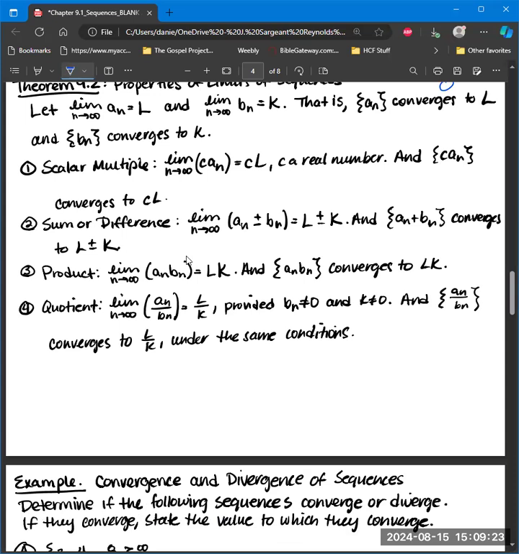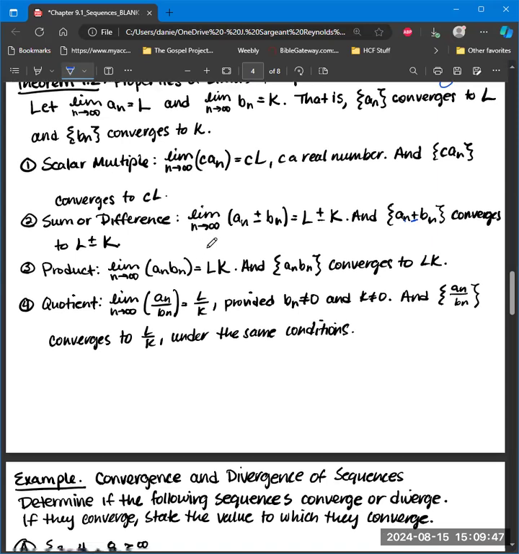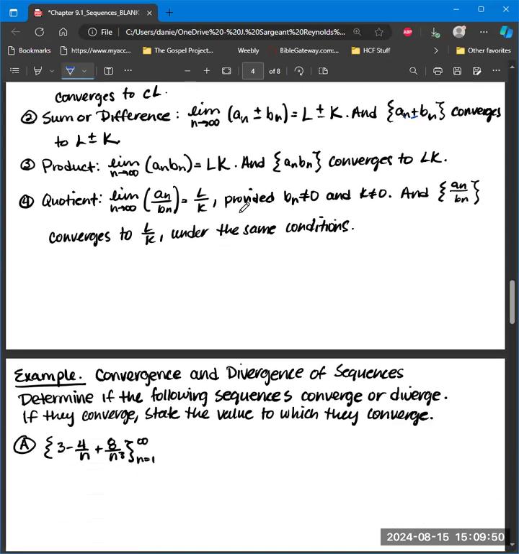If we have a sum or difference, the limit as n goes to infinity of a sub n plus or minus b sub n is equal to L plus or minus k, and the sequence a sub n plus b sub n is going to converge to L plus k, and the sequence a sub n minus b sub n is going to converge to L minus k. We have a product. The limit as n goes to infinity of a sub n times b sub n is going to be equal to L times k, and the sequence a sub n times b sub n converges to L times k.